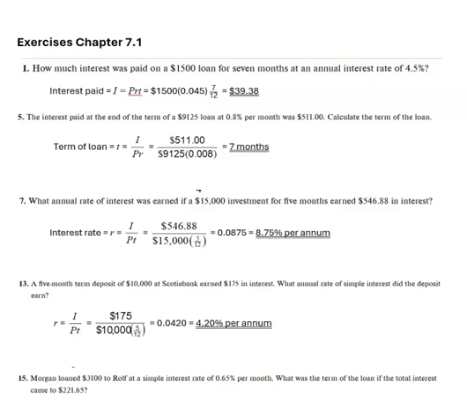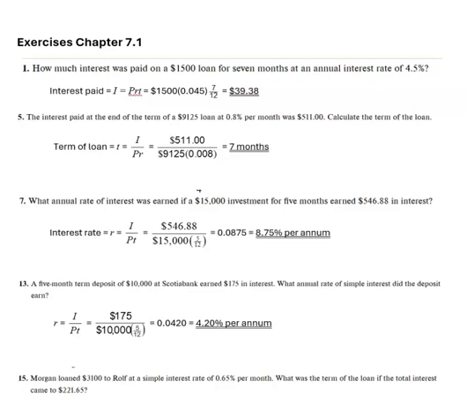So $511 was the interest. The principal we know was $9,125, and we know the rate is 0.8%, so that would be 0.008.